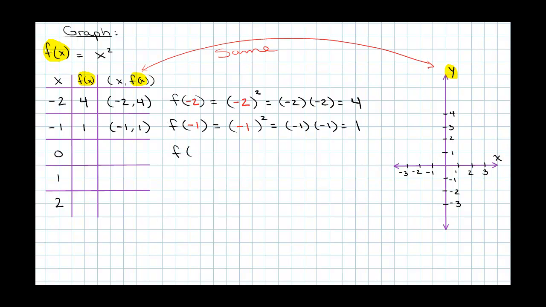F of 0 is going to be equal to 0 squared, but since 0 squared is just 0 times 0, we're just going to get a 0 right there.